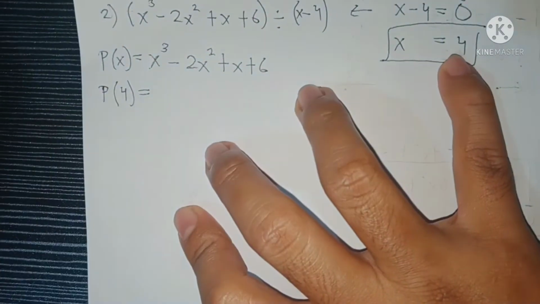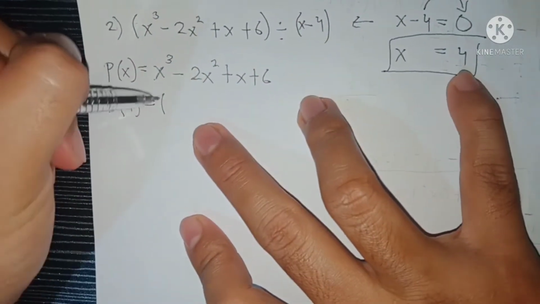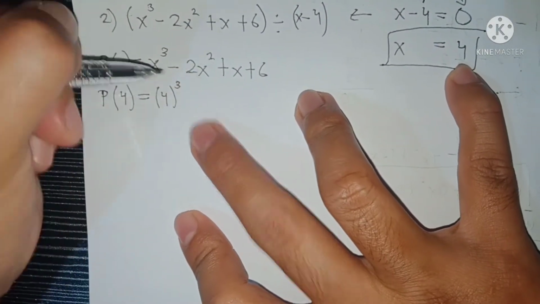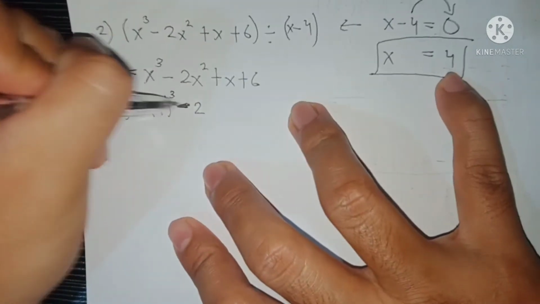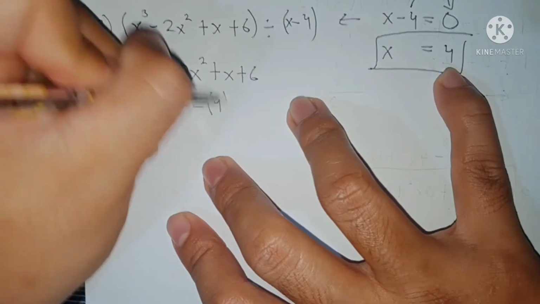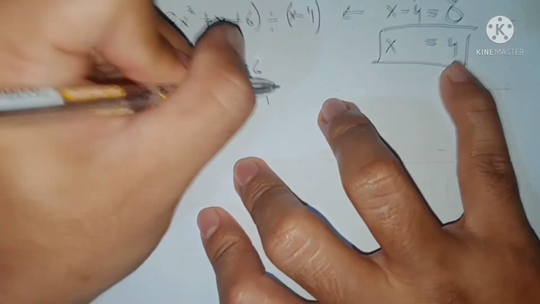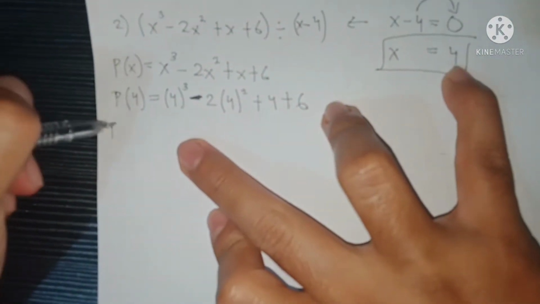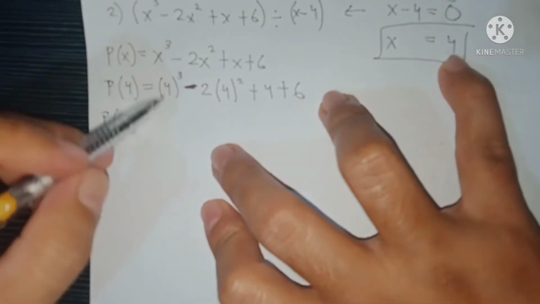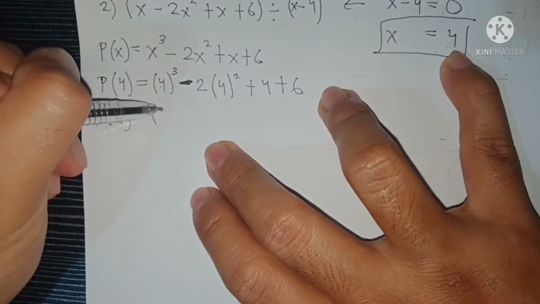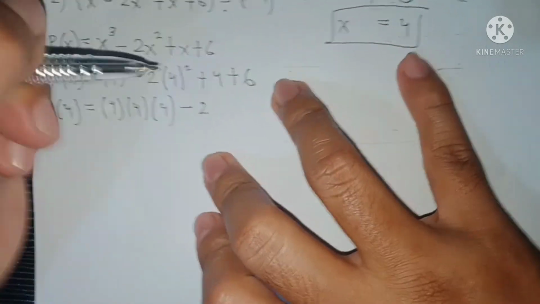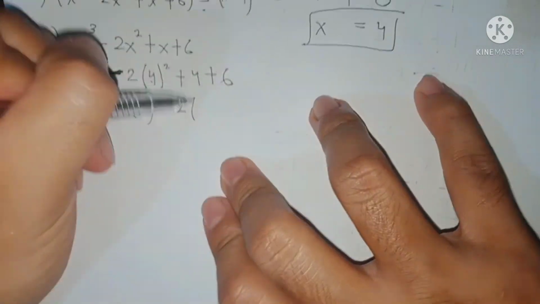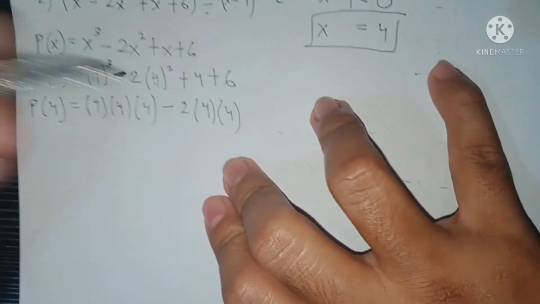So lahat ng x gagawin natin 4. You have positive 4 raised to the third power minus 2 times 4 squared plus 4 plus 6. So p of positive 4 is equal to 4 cubed, ay pwede natin isulat as 4 times 4 times 4. And then minus 2 times 4 squared, ay pwede natin isulat as 4 times 4.